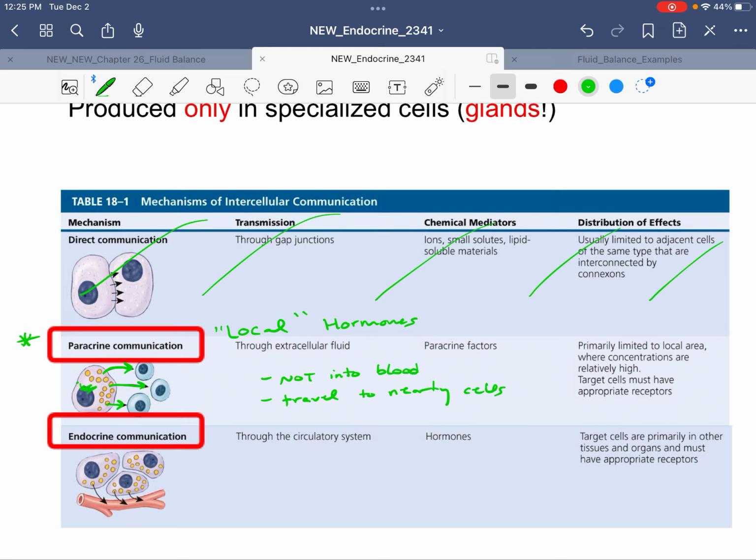On the other hand, the hormone that you're normally thinking of, the regular, traditional hormone, for lack of a better word, is not local. It travels through the bloodstream.